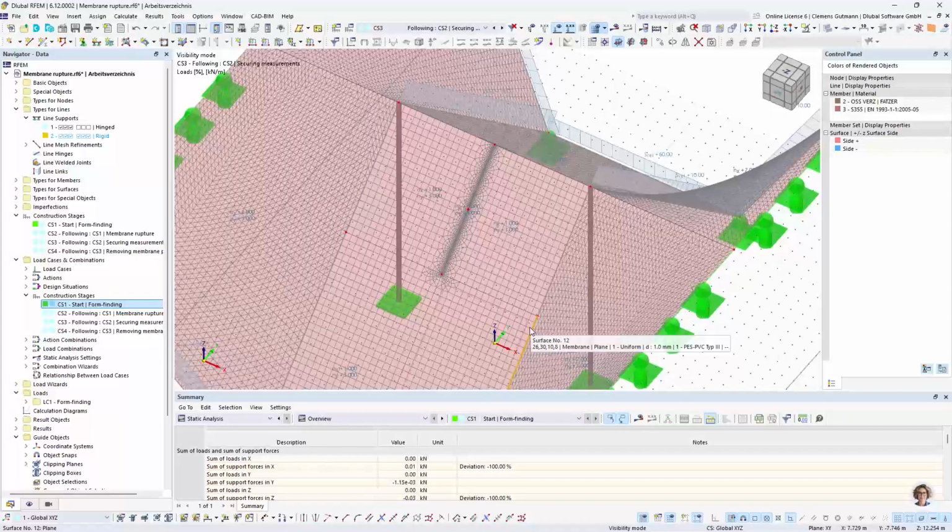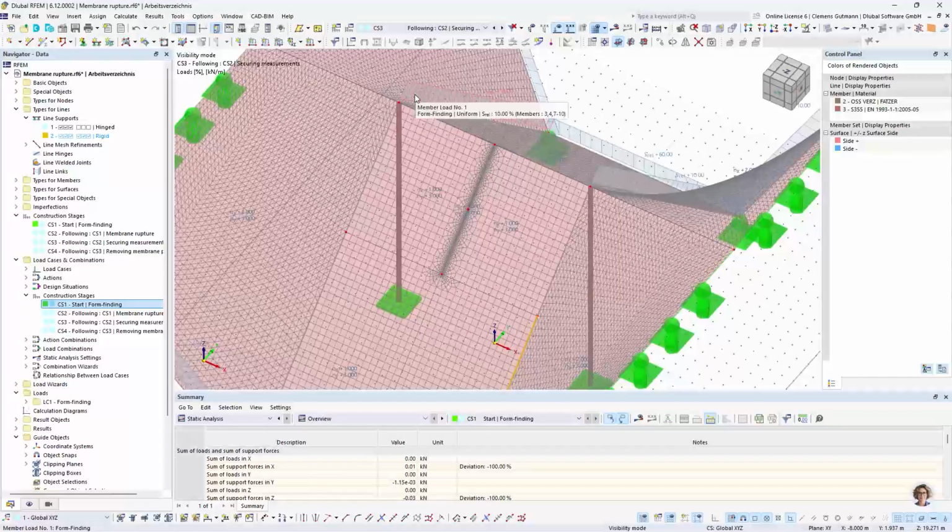The issue with modeling this with a cable that comes into play at a later stage is that it's currently not possible to have large deformations between stages if an object is to be activated later on. That means due to the form finding that we have, the initial points will move, for example the pylons and the cables.